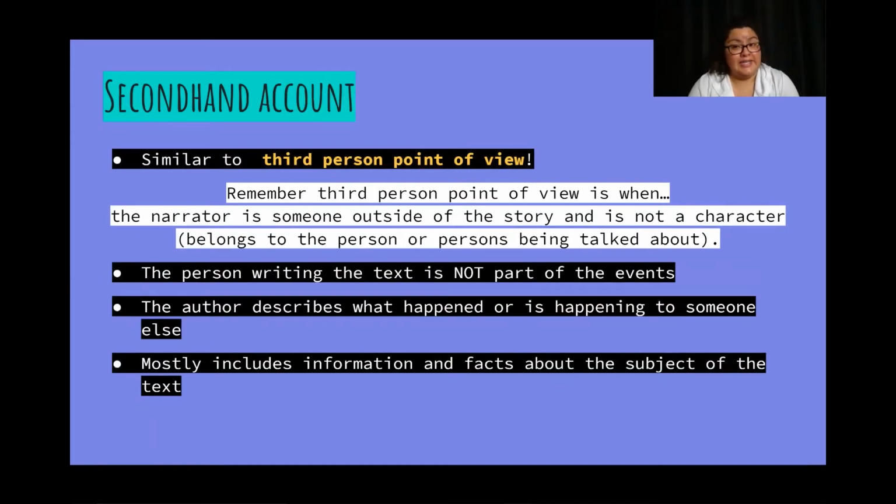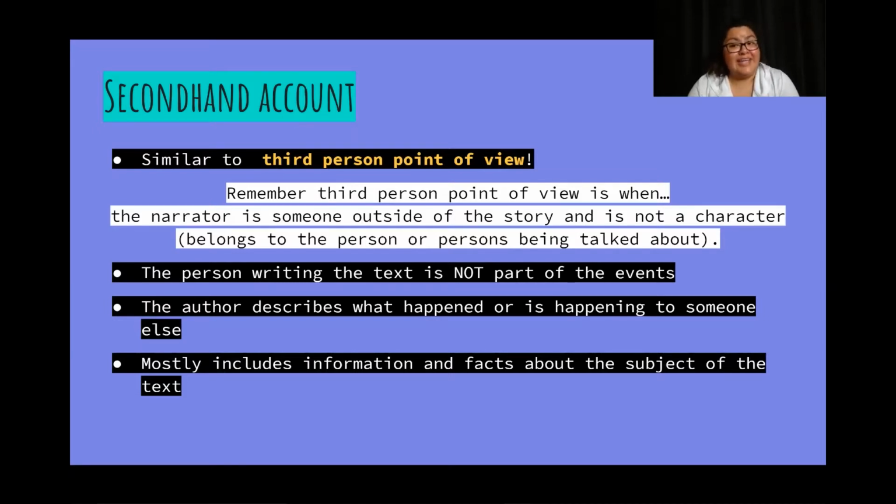Looking at secondhand account, this is from Miss Holman's presentation for you. Secondhand account is similar to third-person point of view. We went over point of view at the beginning of the week. And thinking about third-person point of view, remember that it's when the narrator is someone outside of the story and not a character.